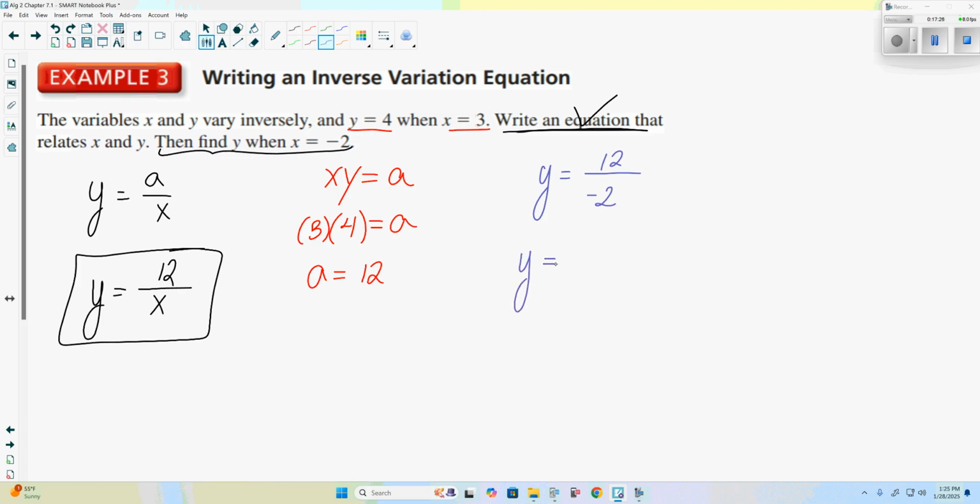What's 12 divided by -2? Nice job. Very well done. Questions on how we got our 2 parts, because we need the y equals 12 over x, and y equals -6. We need both parts.